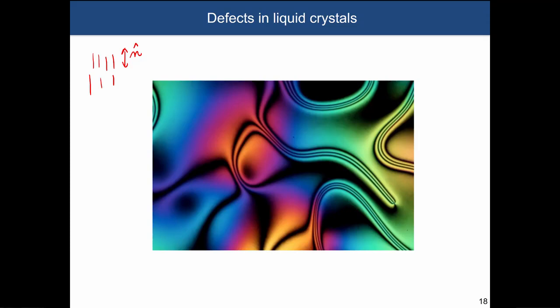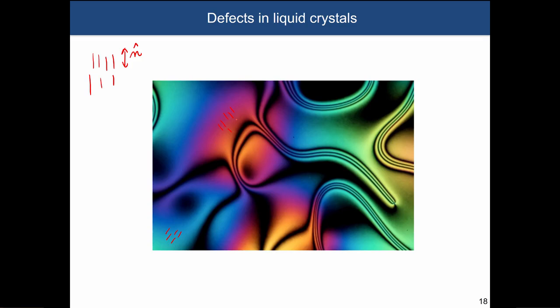So what that means is that here locally, where the image is blue, for example, the molecules might be in this orientation. Here, where the image is red, the molecules might be in a different orientation. Again, on a local scale, the molecules of the liquid crystalline material are all in orientational order. We can locally define the director itself, but globally, on a large scale, there is some kind of difference between these directors.